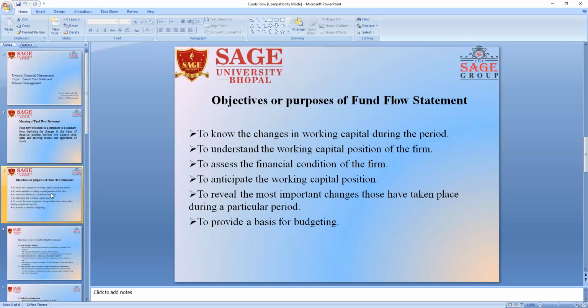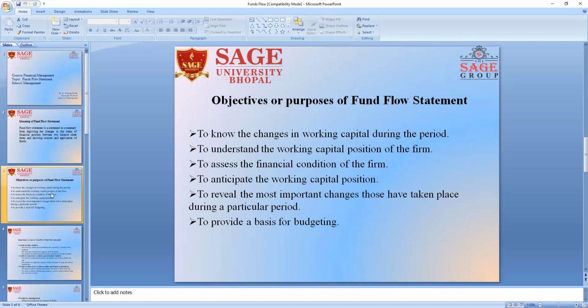These can all be known from the funds flow statement. And to anticipate the working capital position, if we are having very poor working capital, we have to make efforts for it. And to reveal the most important changes that have taken place during a particular period.